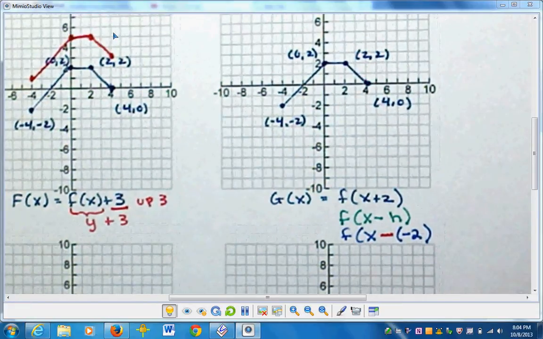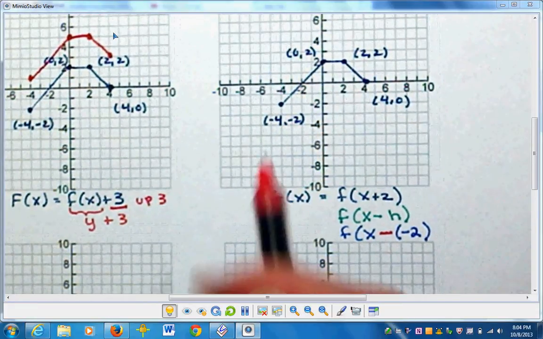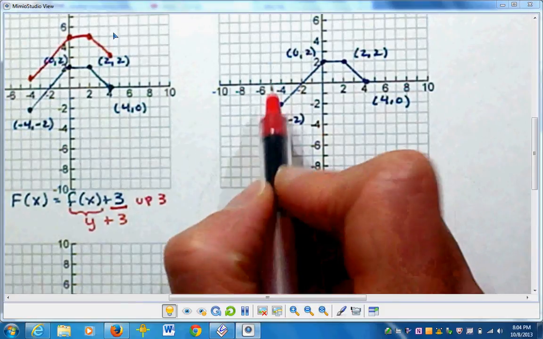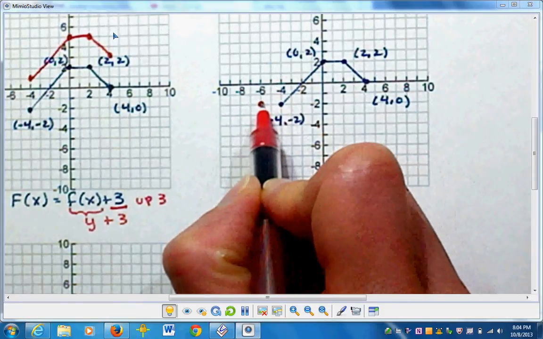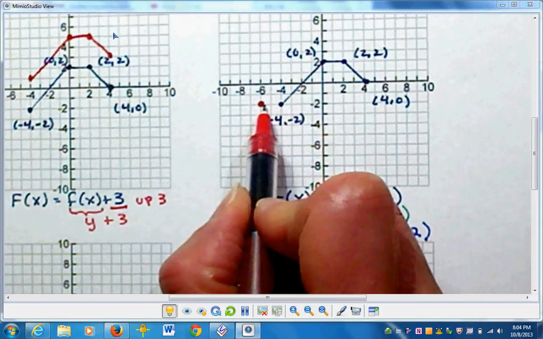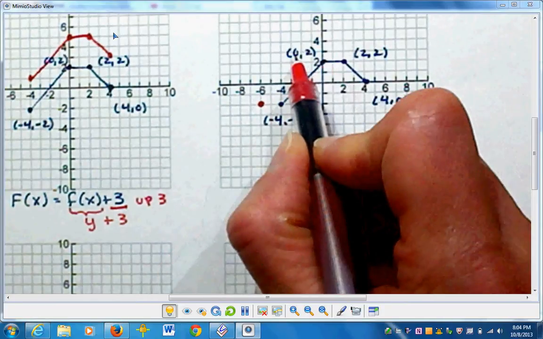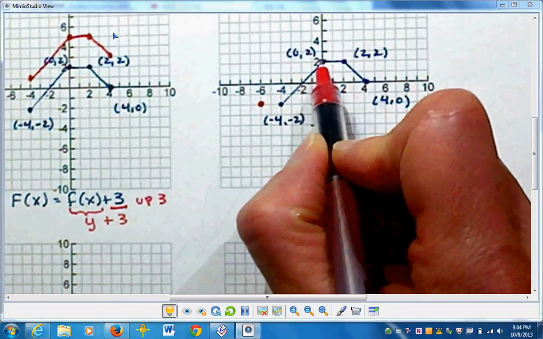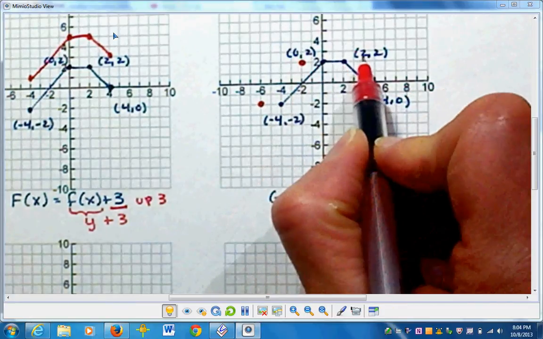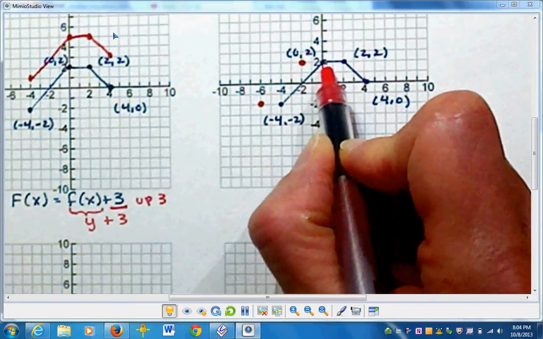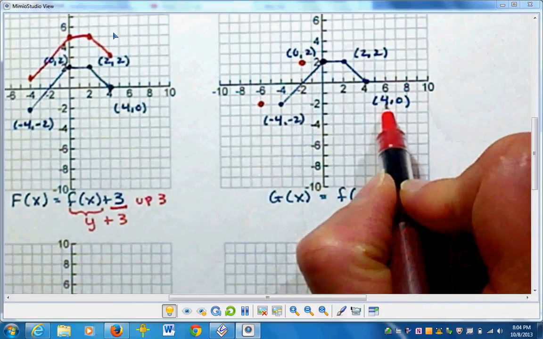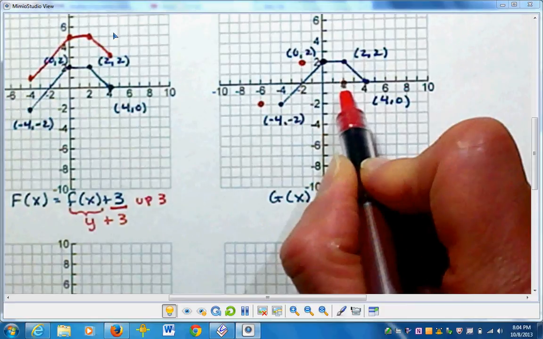So let's go back up, and here if I add a negative 2 to negative 4, I move over to negative 6. So that's my new point. I moved left 2. Here, if I add negative 2 to my 0, I move left 2. Similarly, if I add negative 2 to 2, I move left 2, I get 0. And if I add negative 2 to 4, I get 2.